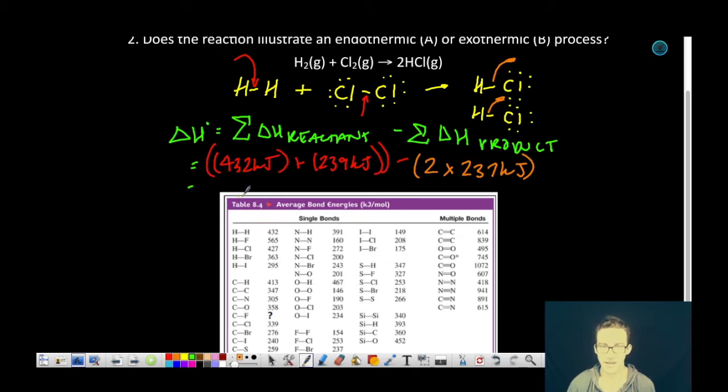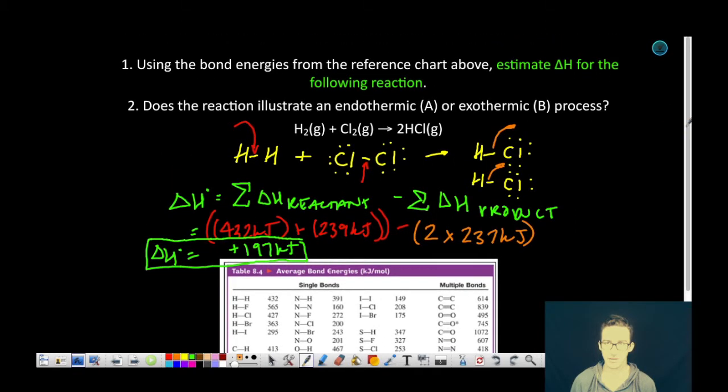And a quick calculator time should end us up with a positive 197 kilojoule enthalpy change for this reaction, which implies that we are talking about an endothermic process. In other words, it takes more energy to break those bonds in the reactant molecules than is released in the formation of those new bonds in the product molecules.